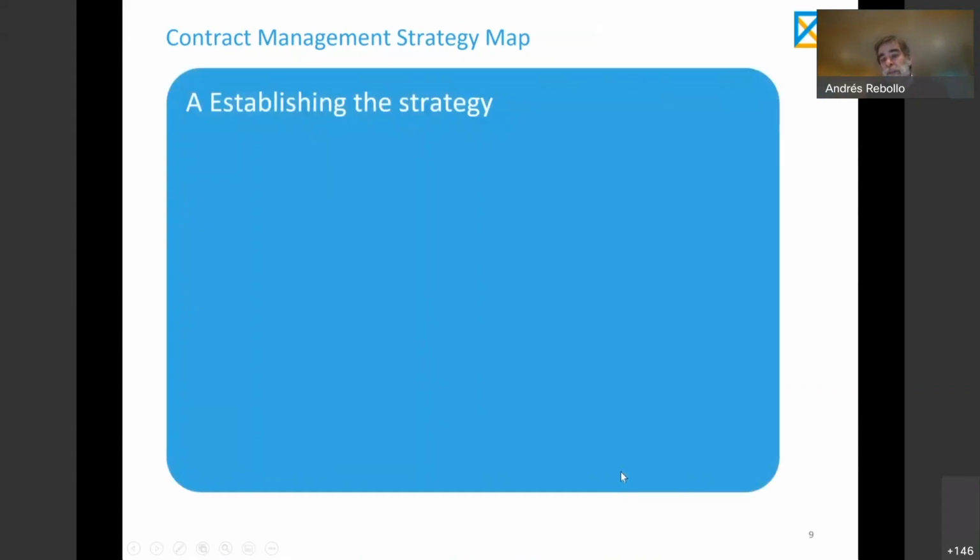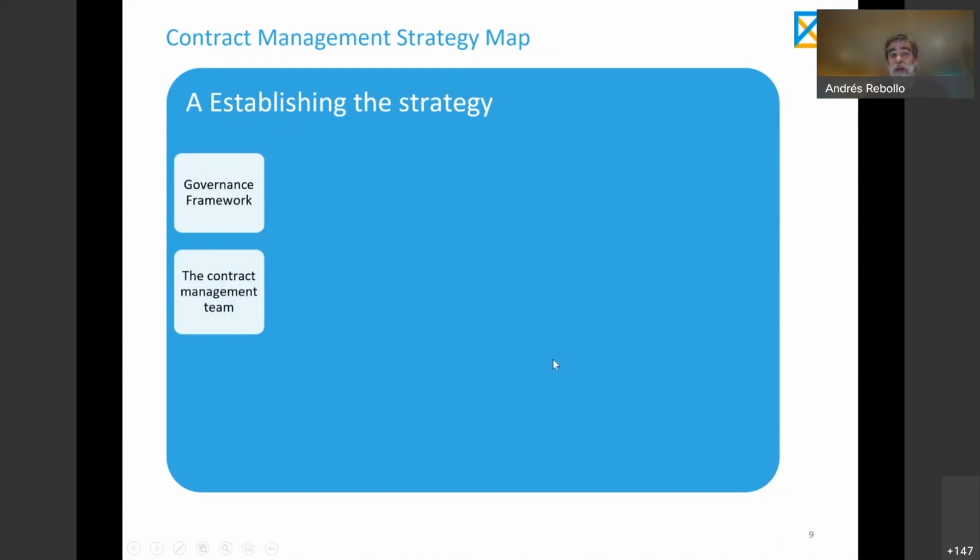Okay, this is an overall picture of the methodology that we try to disseminate, and it has three levels, three layers. Again, we will go through some level of detail of this first layer, establishing strategy. When we are dealing with a specific project, we need to be sure about which is the governance framework.